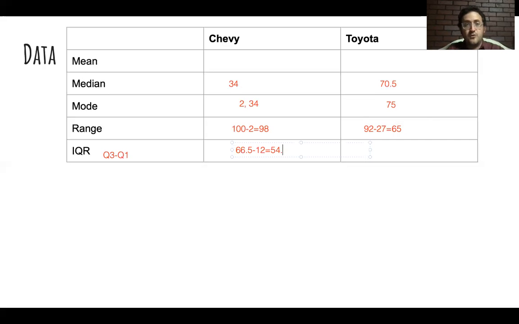So that's a 54.5. And then the Toyota, on the other hand, would be 80.5 minus 50, which happens to be 30.5.